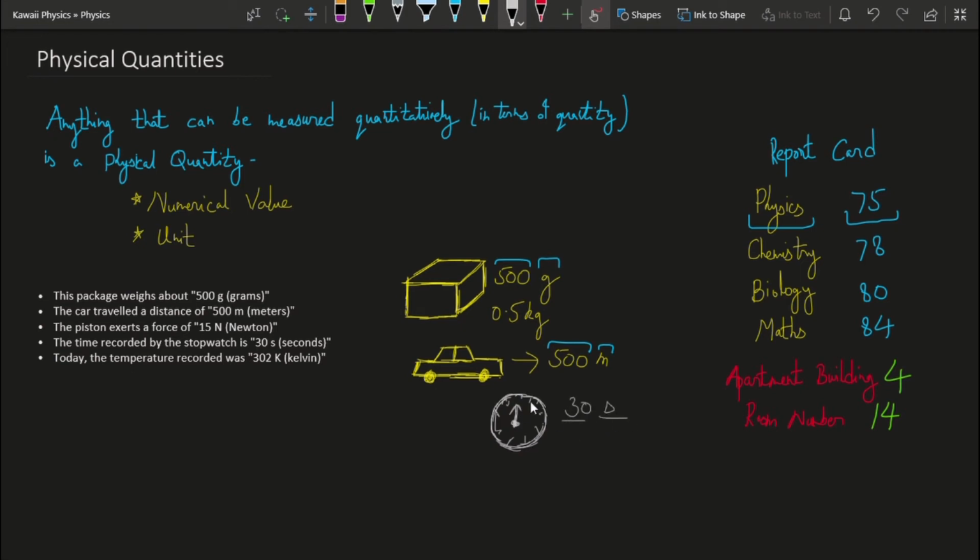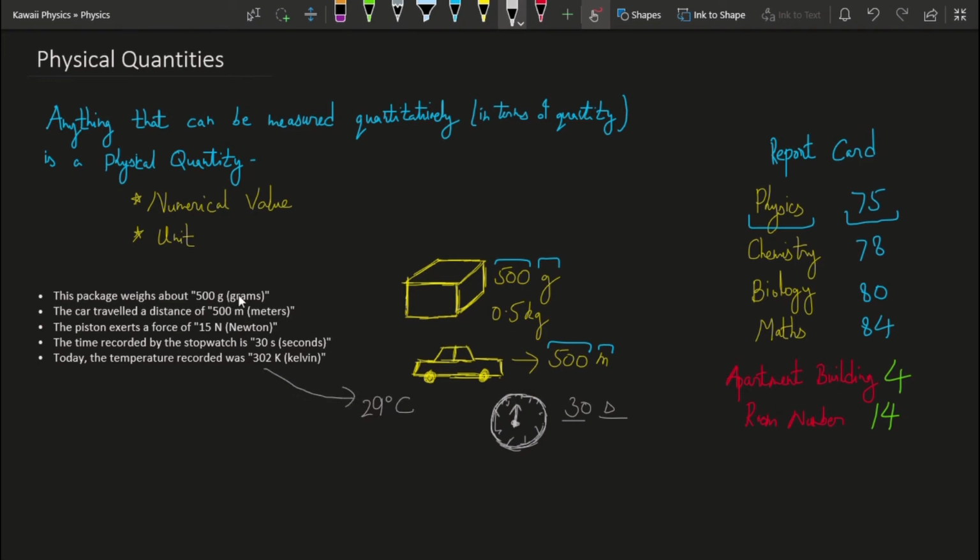The 30 is the numerical value, s stands for the second, it's the unit, and today the temperature was recorded as 302 Kelvin. Here we have Kelvin, which is the SI unit of the temperature, but in terms of Celsius it is around 29 degrees Celsius.